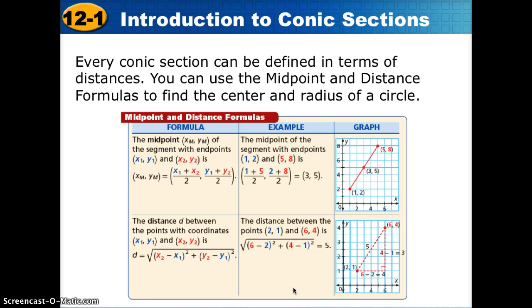So it's not the horizontal and the vertical distance, but straight across a diagonal. Here we're finding the difference between the x's and squaring, adding the squared difference between the y's, and then finding the square root of that. And we'll see how we're going to use it in just a second.